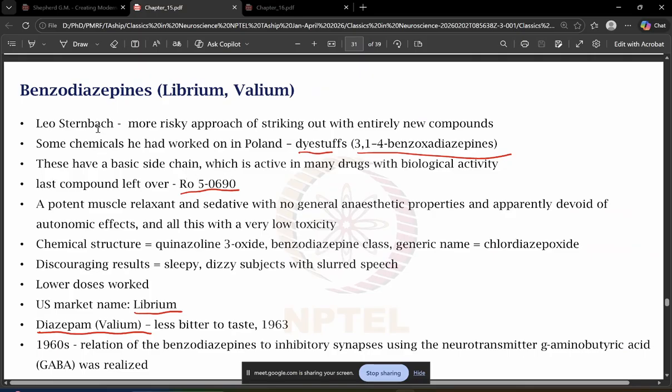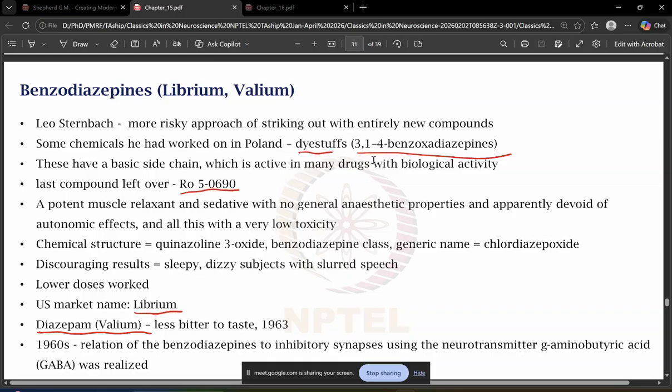Generally at that time, the practice was that chemists and people in pharmaceutical companies used to work around modifying already known drugs to identify new drugs with more potent actions. But Leo Sternbach decided, let me start out with something completely new, something completely unrelated.